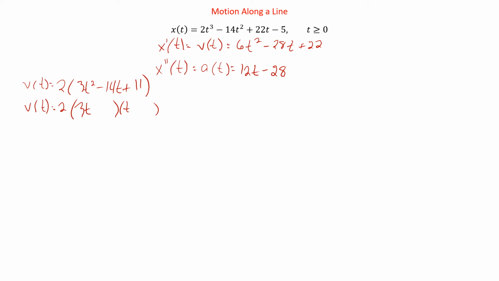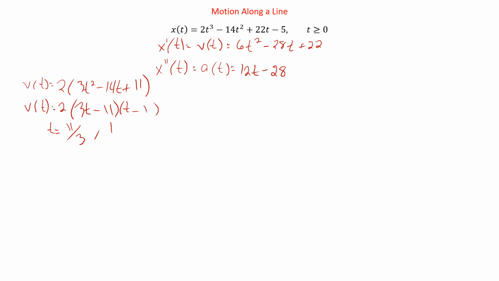Can we multiply one of them by 3 and add to get 14? Sure we can. That'll be the 1. And they're negative because it has to be negative. So here, t could equal 11 thirds or 1. And both of those are positive. It's important they're positive because t has to be greater than or equal to 0.